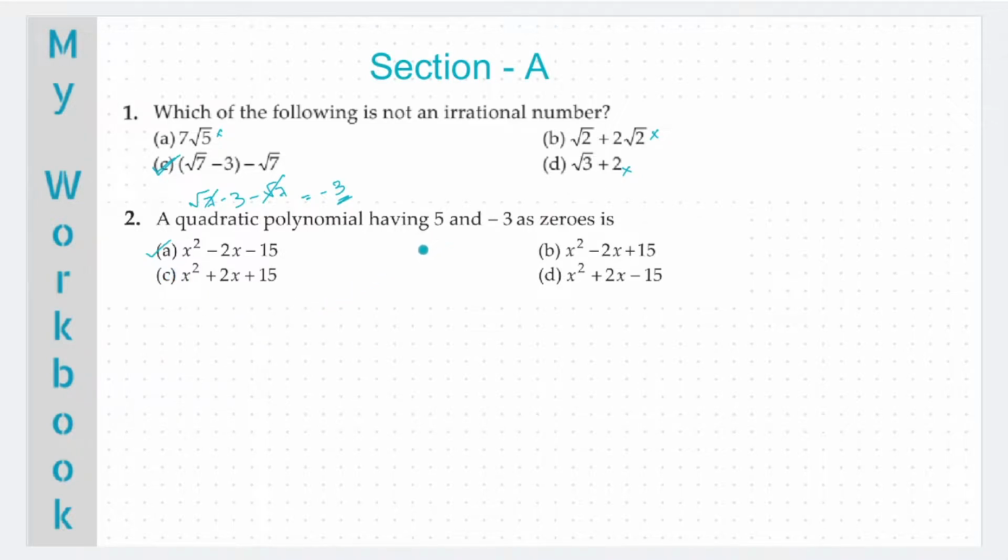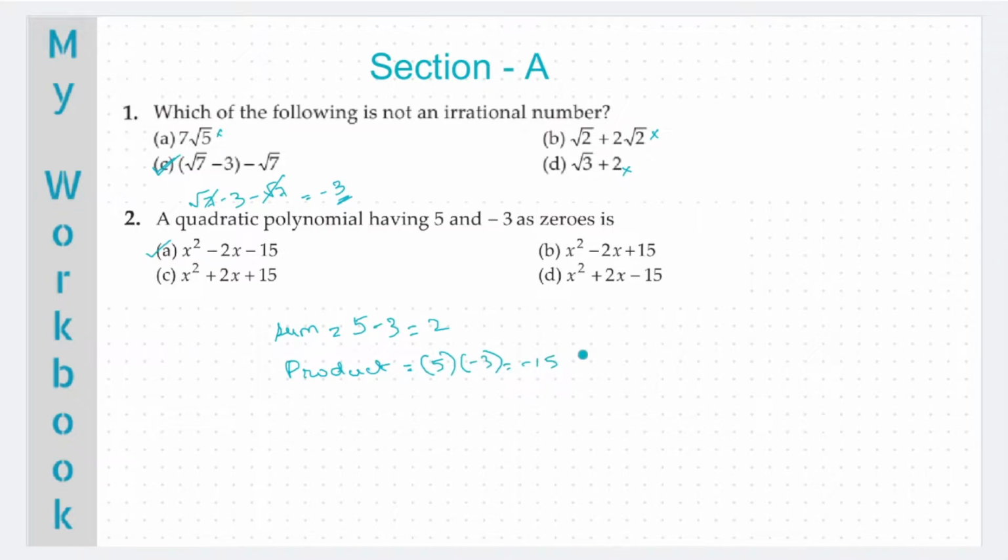It's given that 5 and minus 3 are the zeros. So the sum of the zeros will be 5 minus 3, which is 2. And the product of the roots will be 5 into minus 3, which is minus 15.